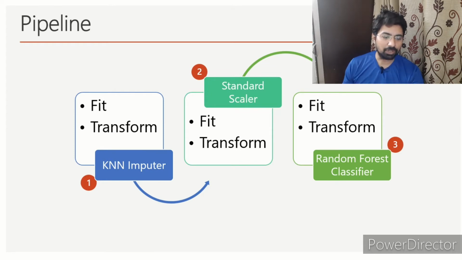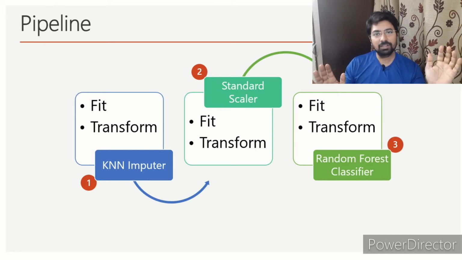The transformed output of the KNN imputer will be fit and transformed with the standard scaler, and in the end the random forest classifier will fit on the output of the transformed data of the standard scaler.